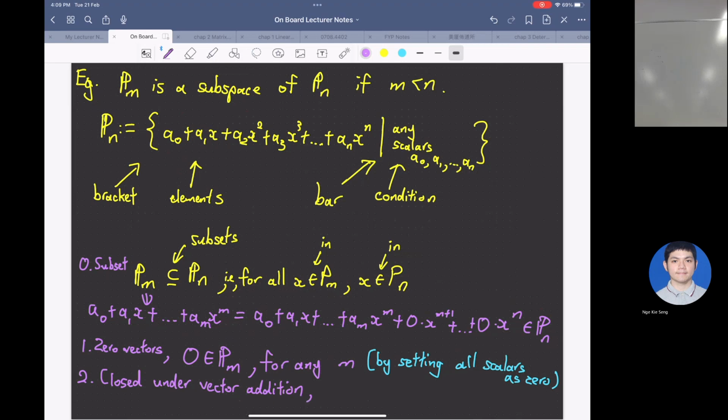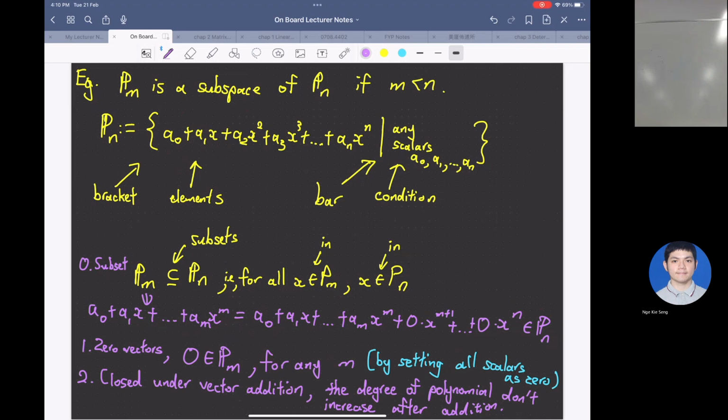So the degree of a polynomial doesn't increase under addition. You won't have a degree 2 polynomial plus a degree 3 polynomial become degree 5. So the degree must be less than or equal to the maximum degree of the polynomials that you add. Make sense? So you still stay in the world of degree at most m.